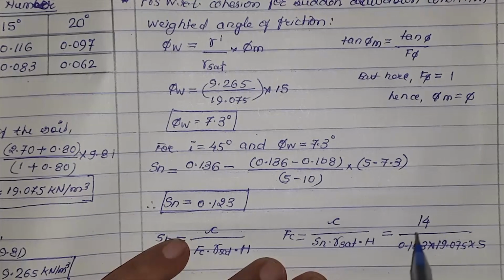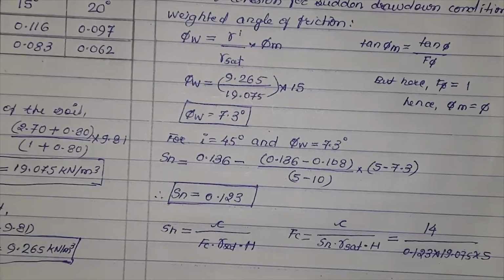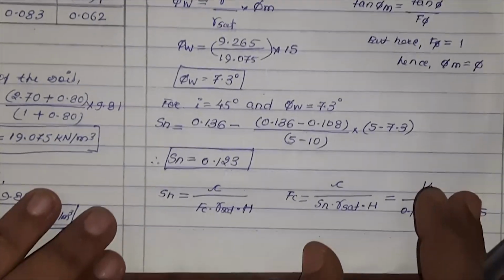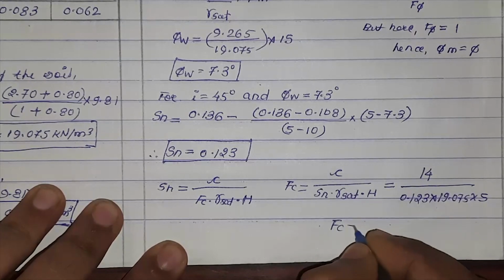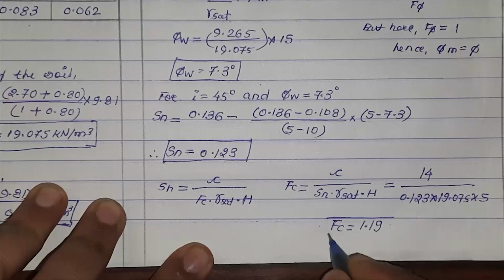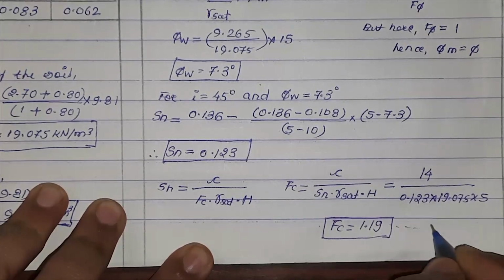So, solving this expression, we will get value of factor of safety. Let us calculate. It comes out to be 1.19. Hence, Fc equals 1.19. This is our answer number 2.